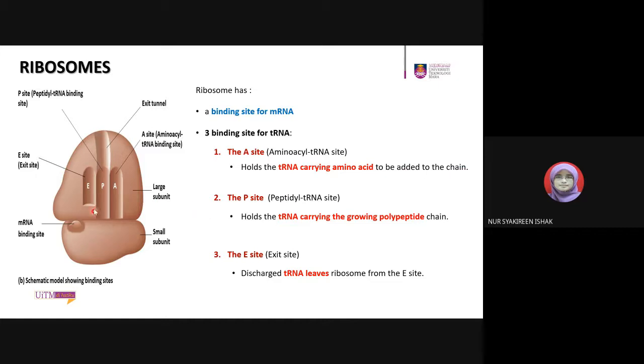The P site is the peptidyl tRNA site. This holds the tRNA that carries the growing polypeptide chain. The E site is where the tRNA leaves, exiting the ribosome. So these are the three sites at the large subunit of the ribosome that you have to remember lah.